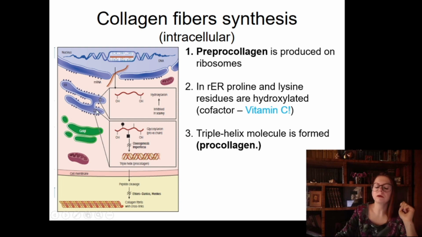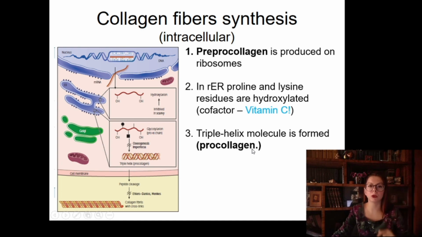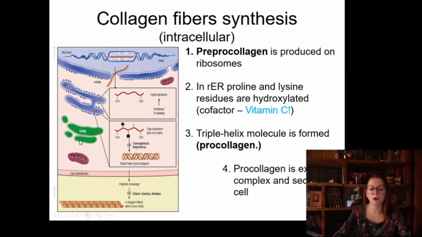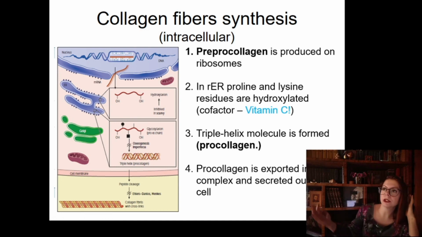Then the three pre-procollagen molecules, after their modifications, are intertwisted with one another with the formation of a triple helix structure, which is now called procollagen. So pre-procollagen is transformed into procollagen. And procollagen is further exocytosed out of the cell through the Golgi complex.